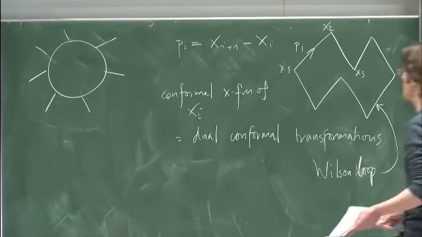And moreover, this scattering amplitude and this Wilson loop are actually related to each other. So therefore, the scattering amplitude inherits this conformal symmetry of the Wilson loop, and it becomes a bona fide symmetry acting on this function f, which describes the scattering amplitudes.